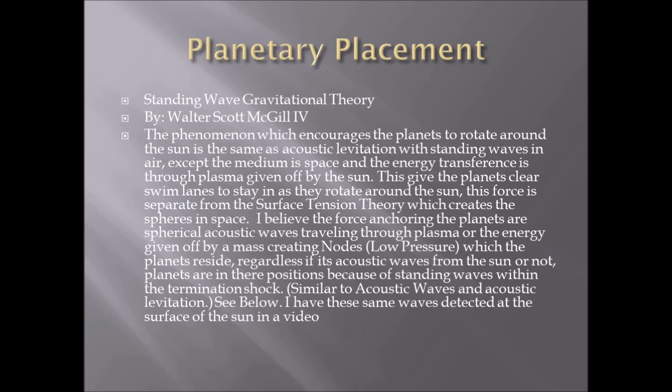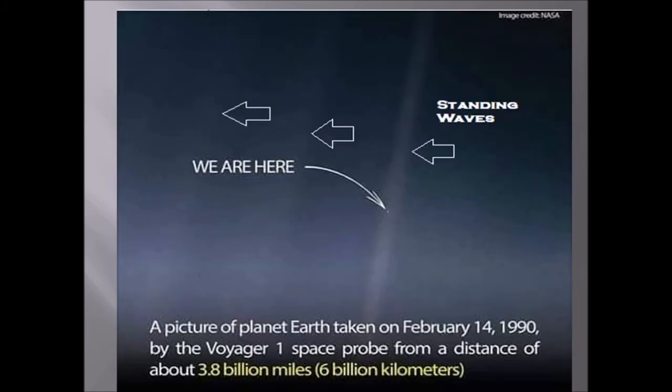I was able to calculate off of the carbon atom that the length of the atom versus the wave was 1 to 1.49. And if you look at the planets away from the sun, calculating off their closest distance, if you include the asteroid belt, it's 1 to 1.56. So it's very, very close.